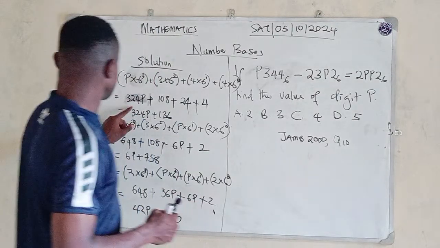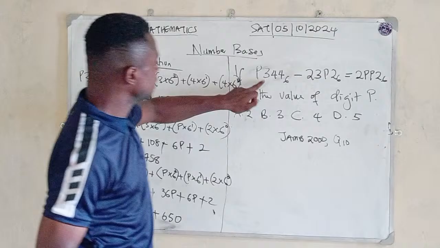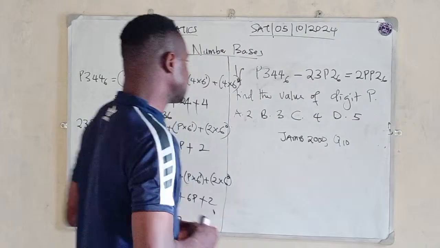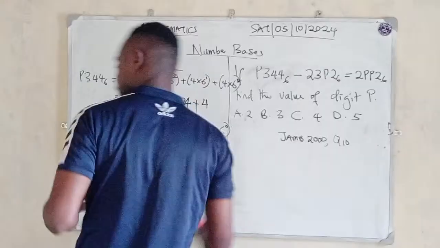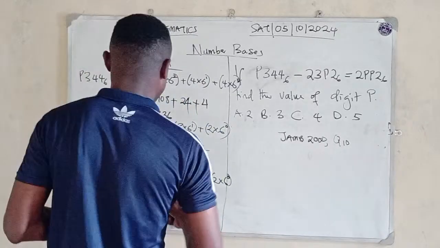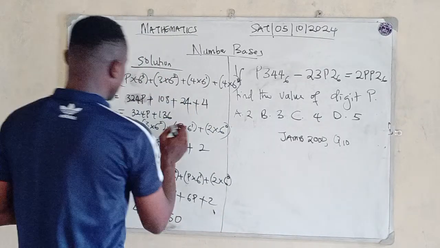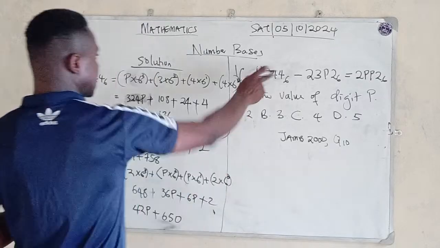So let us now substitute this for this respectively, and we'll get our answer. So let me solve it here. So we now have something like this. Let's break this one first.